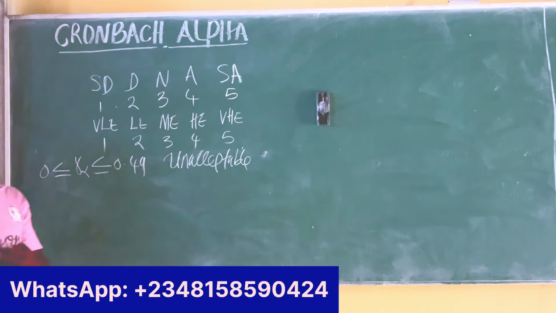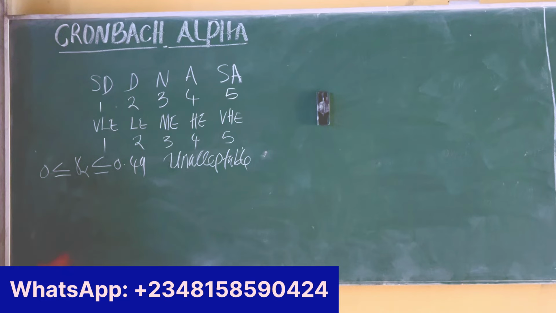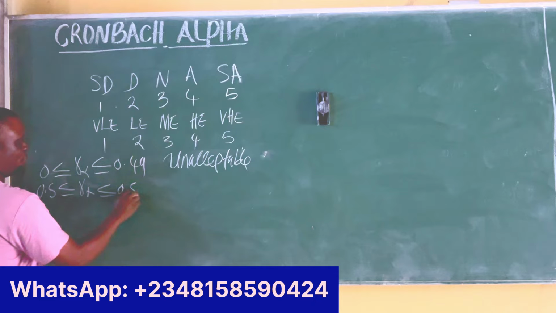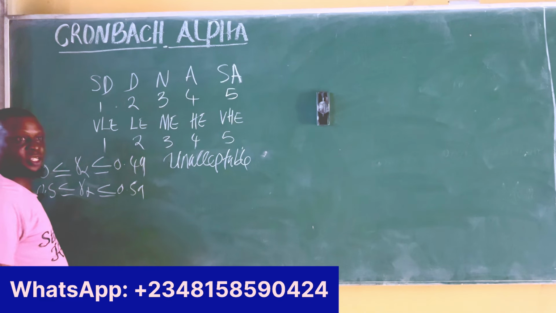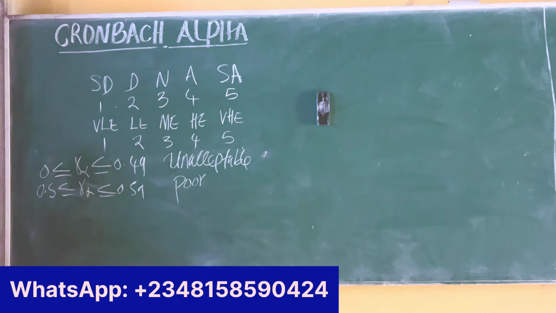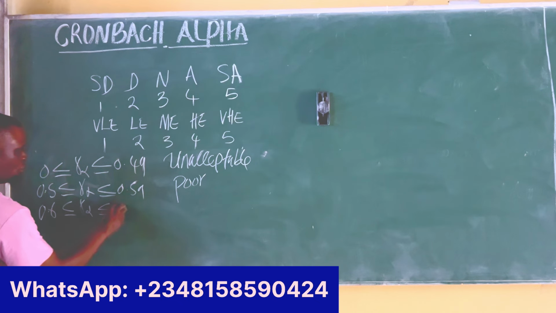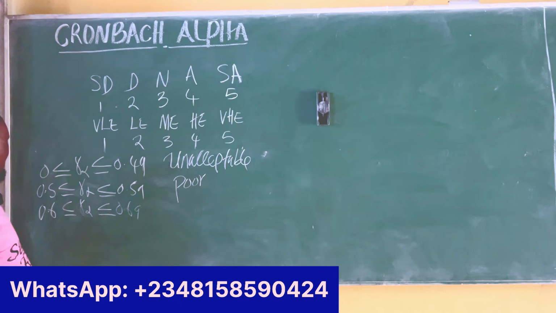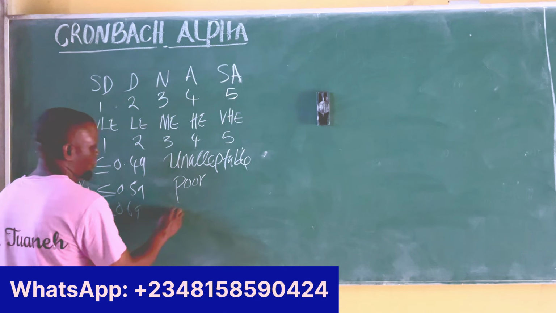If we compute our Cronbach Alpha and we have values between 0.5 to 0.59, then our conclusion is that the scale is poor. If we have values between 0.6 to 0.69, then our conclusion is that the scale is questionable.